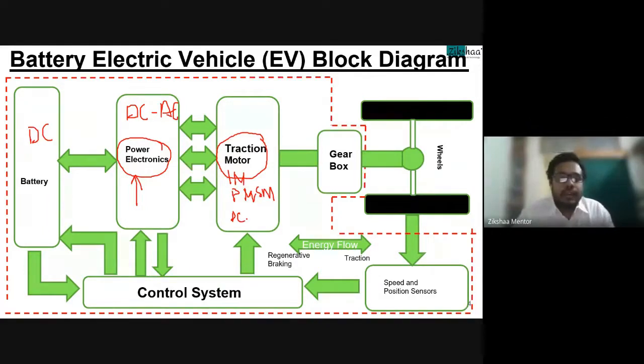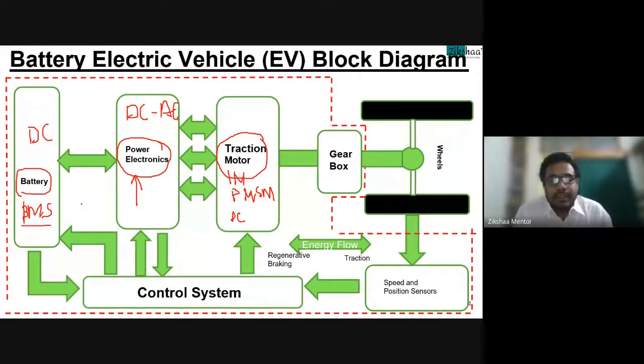And of course, the batteries and the battery management system, without which there is no fuel to our traction motors. Batteries essentially act as a fuel if you compare it with IC engines.